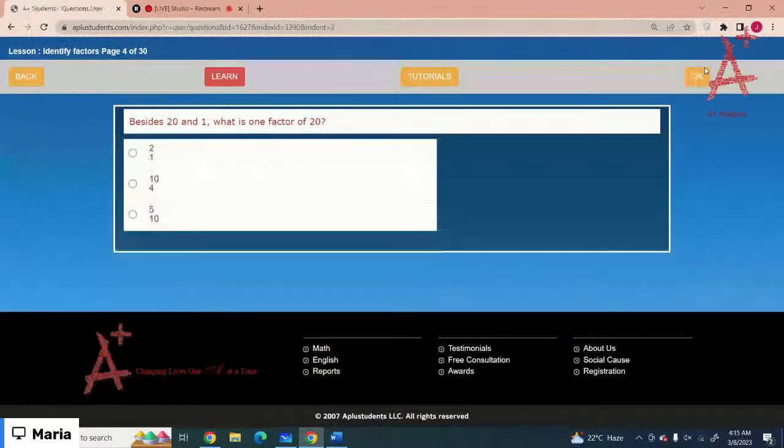Okay, besides 20 and 1, what is one factor of 20? Which is the factor of 20? 10 and 4.